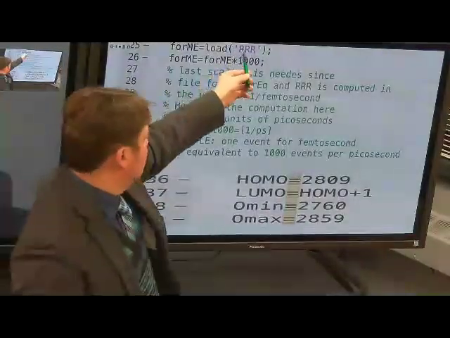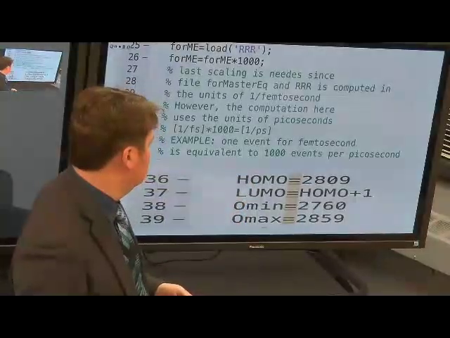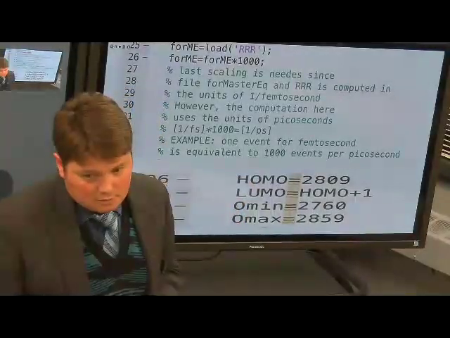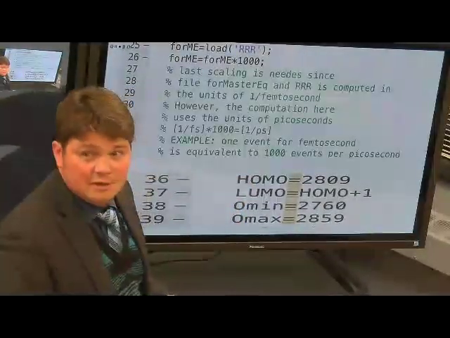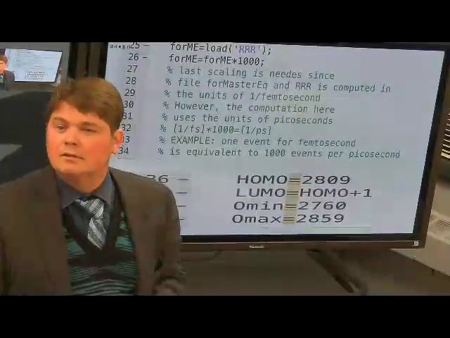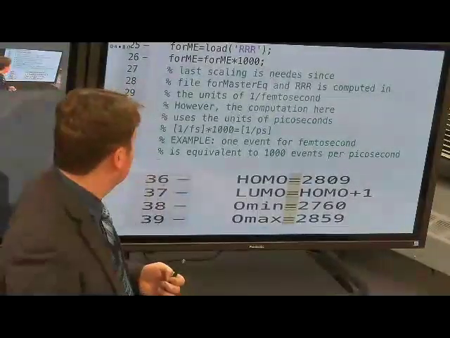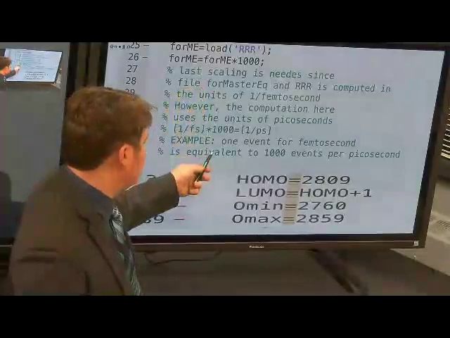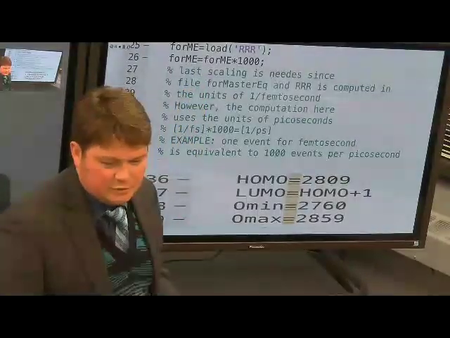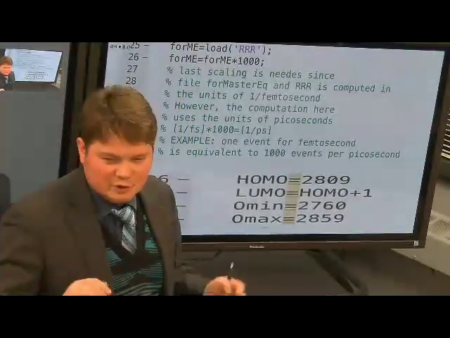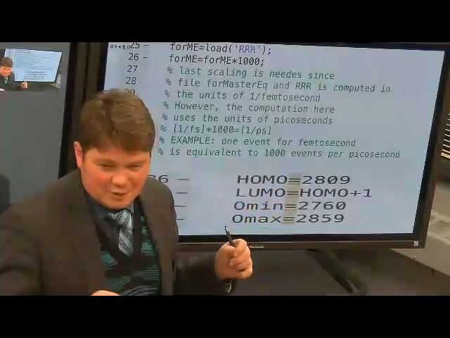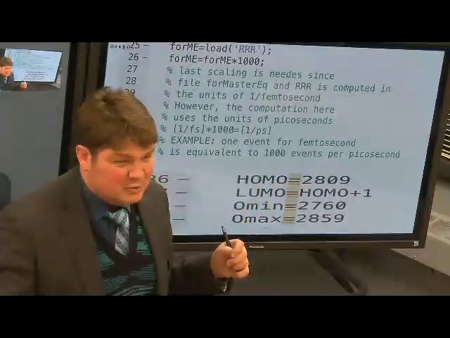Here we just load the RRR file indices, and here are some comments on the units in case you want to quote a specific element of this 100 by 100 matrix for one of your debates with a reviewer.